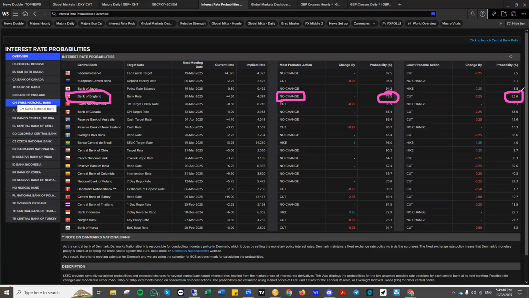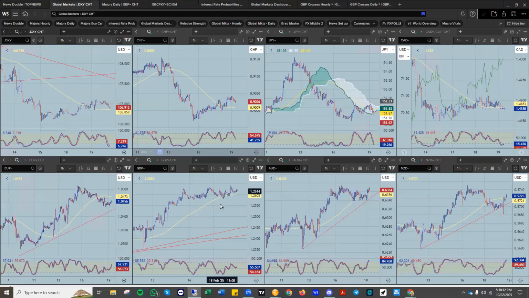If the numbers are strong, it's just going to go up a little bit because it's already largely factored in that there's not going to be a change on the 20th of March. But if we get weaker numbers, it's going to lead to a lower sterling because they'll start factoring in a higher probability that they will cut rates. So that's something to think about, how the market is positioned overall, so we can start to piece together the trading opportunity.